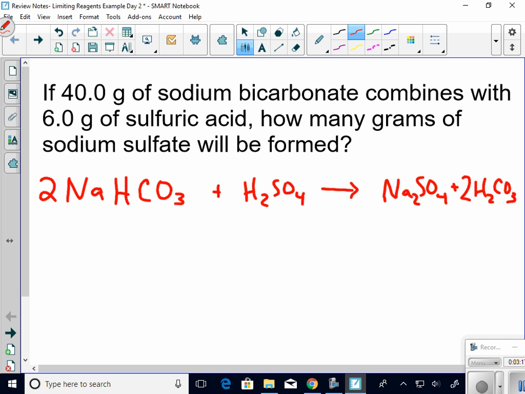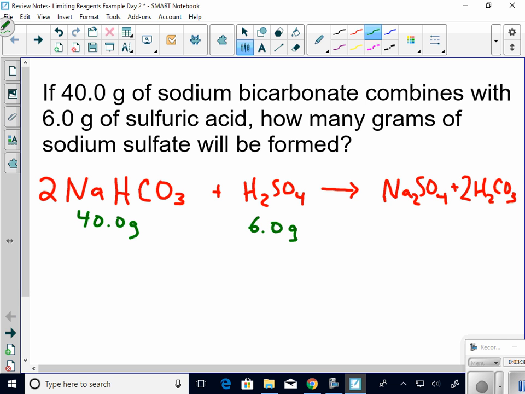Now, the big thing with limiting reagents is they tell me that I have 40 grams of that, and I have 6 grams of that, right?